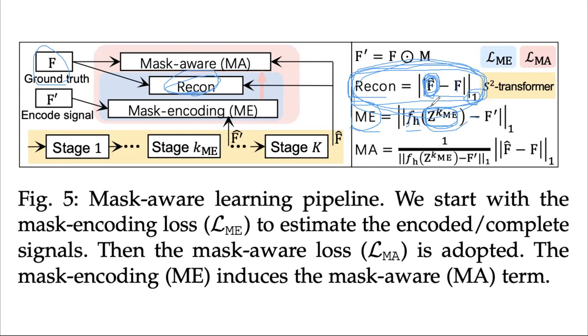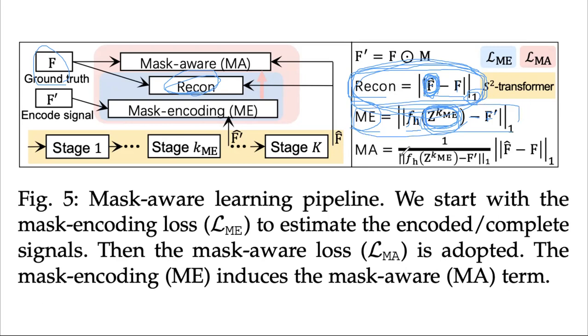The intuition is that we want some hidden-layer feature embeddings to be close to the coded measurement in between, instead of the end prediction.